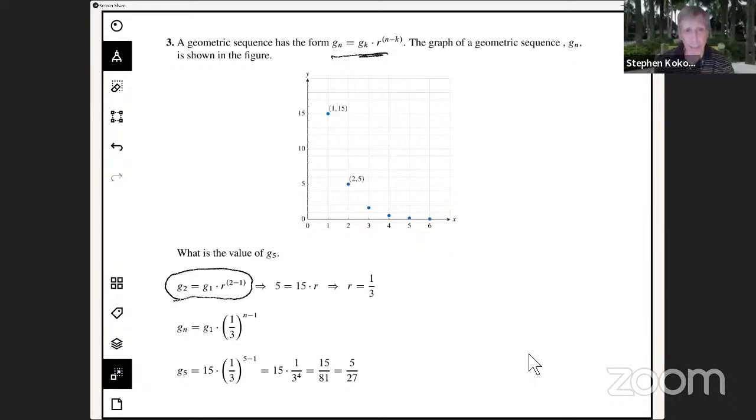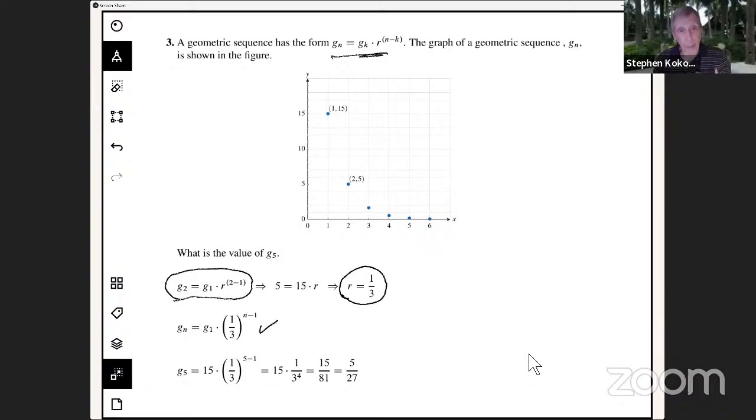So G sub 2 is 5, G sub 1 is 15, and R to the 2 minus 1 is R to the first power. All I did analytically was solve for that ratio, R is equal to 1/3. So now I have a general form for G sub n.